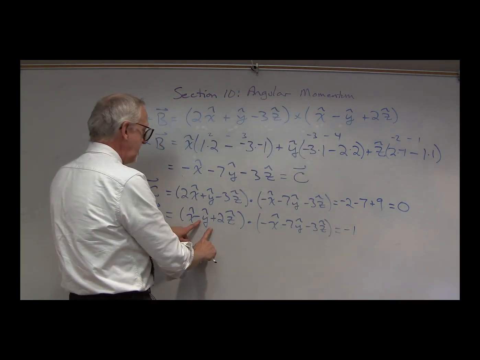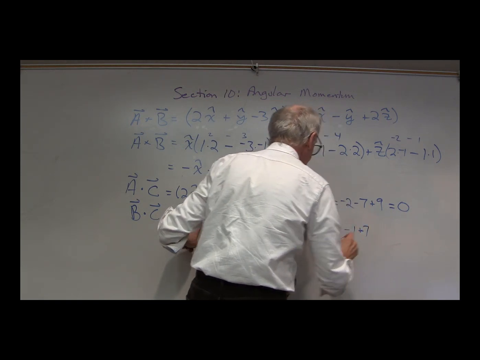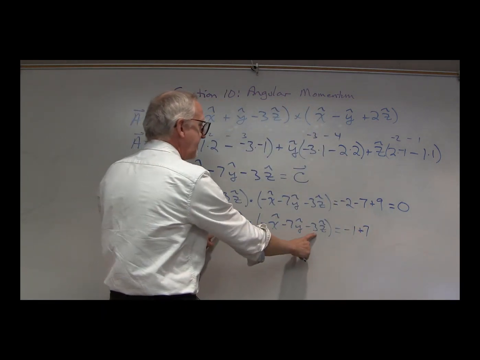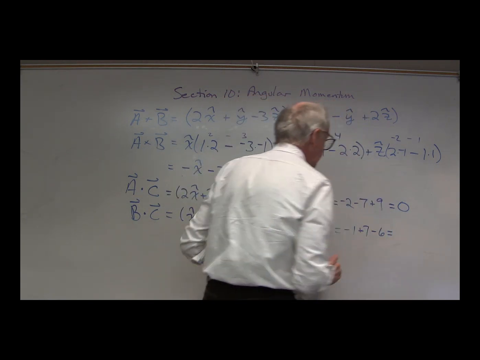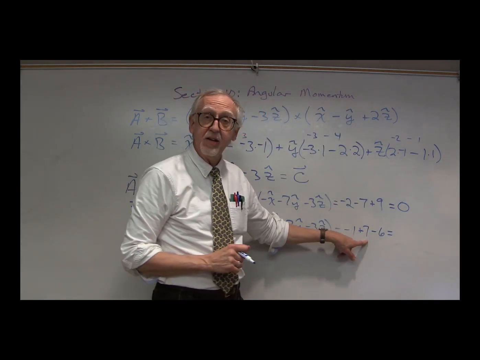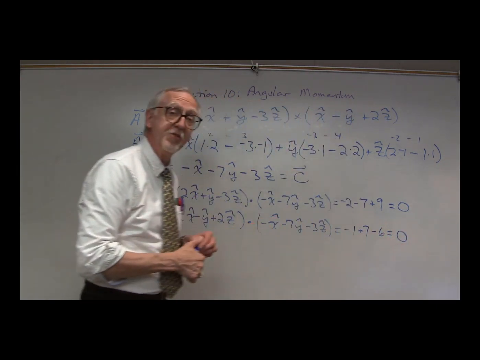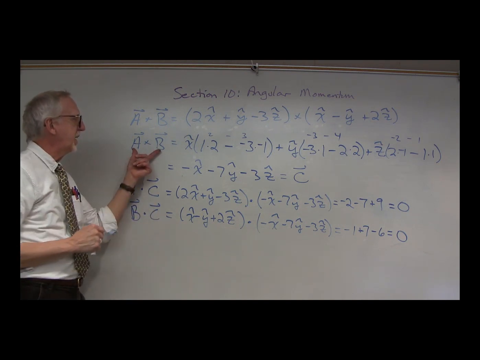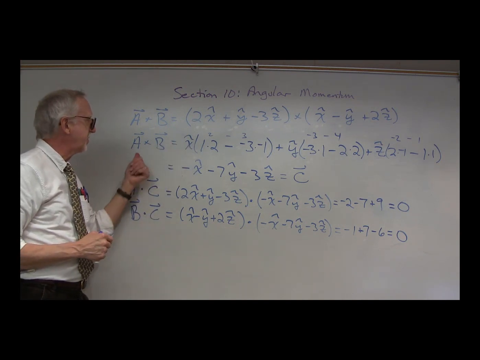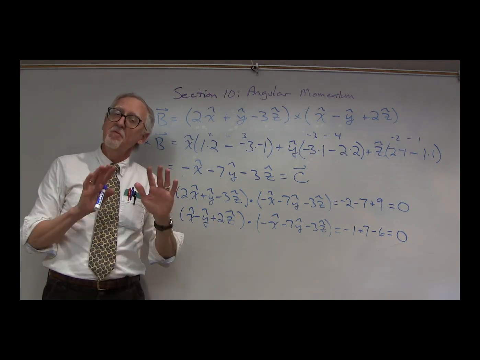Y components, negative 1 times negative 7, that's positive 7. And 2 times negative 3, that's negative 6. And what do we get? Negative 1 plus 7 is 6, minus 6, 0. Again, we have shown then that these two vectors are perpendicular. So great, when we take the cross product, we get a vector that is both perpendicular to A and perpendicular to B. Very, very good.